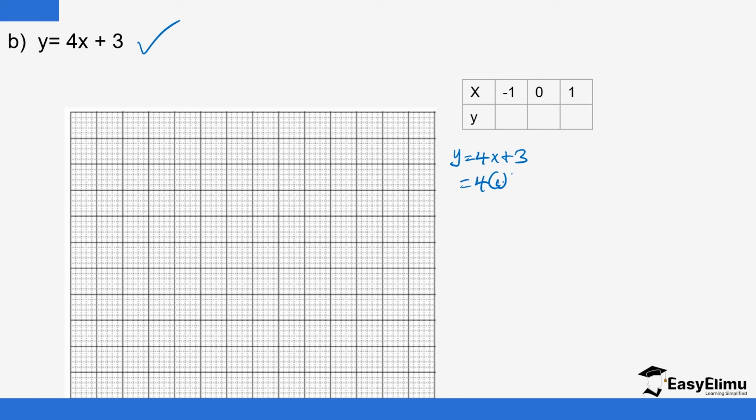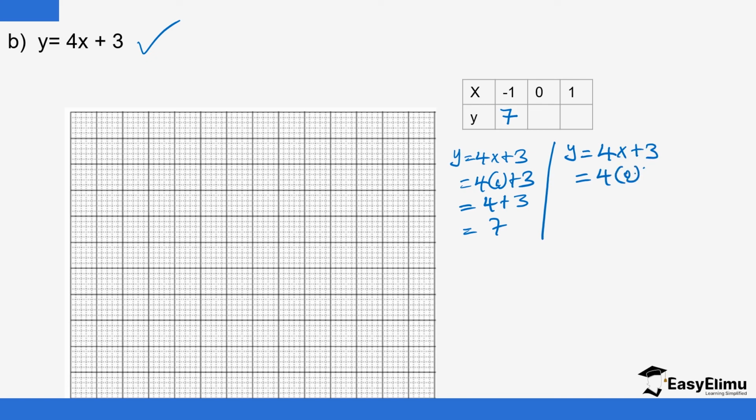So 4 into 1 plus 3. So 4 plus 3, which is equal to 7. So you write here 7. Then 0. So y is equal to 4x plus 3.